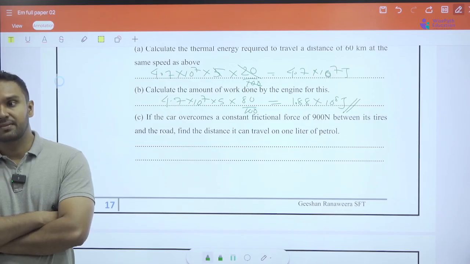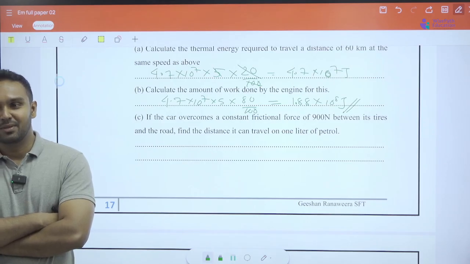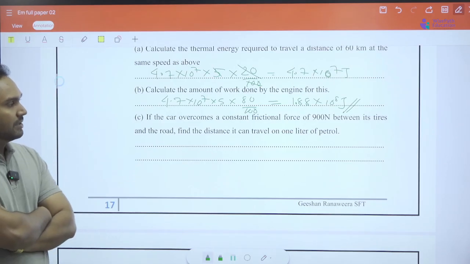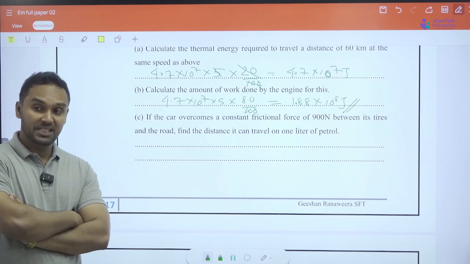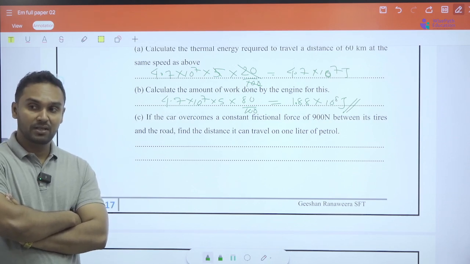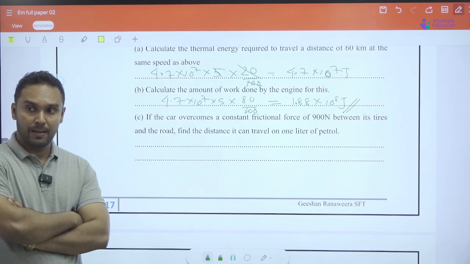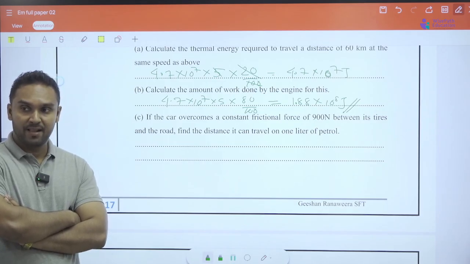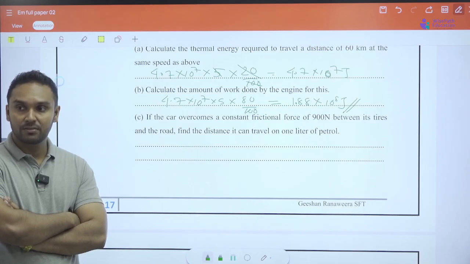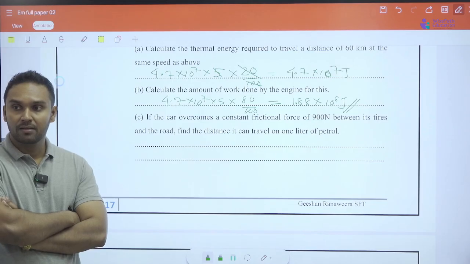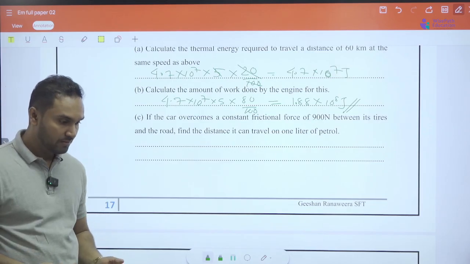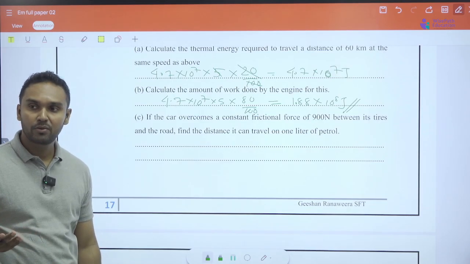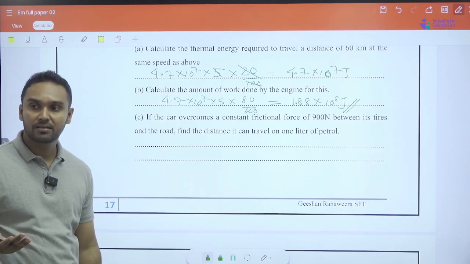Work done against the friction is equal to, we don't have any mu or mg or anything. That is work done against the friction converts into what? Now, when do you do the work against the friction?